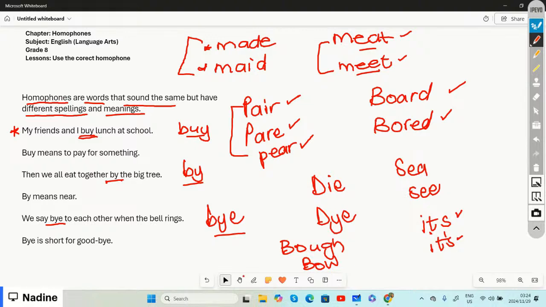Sometimes you'll get a word that sounds the same and is spelled the same way, but the meaning is different. For example, sail and sail. The word sounds the same, it is spelled the same, but the meaning is different, because the first word sale means something that is sold, or to sell something.